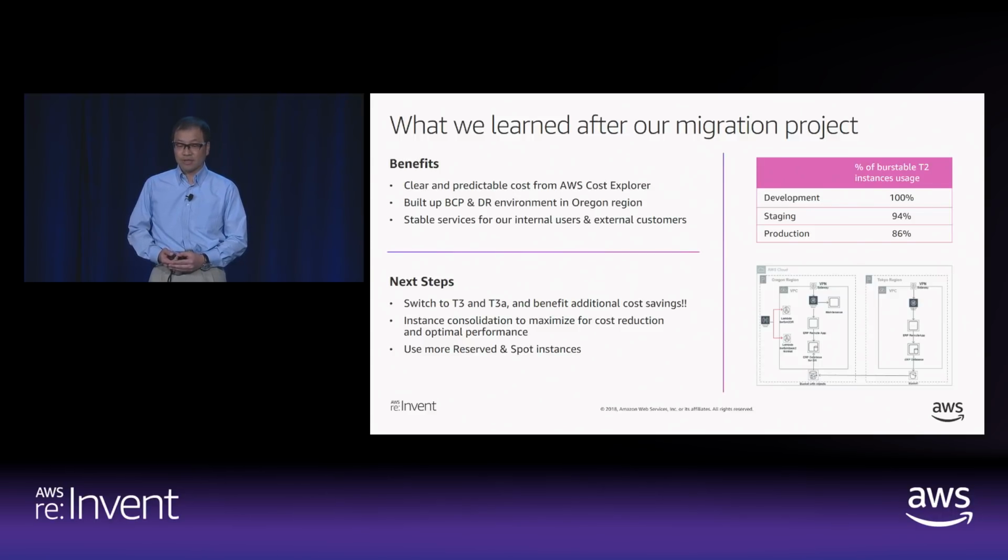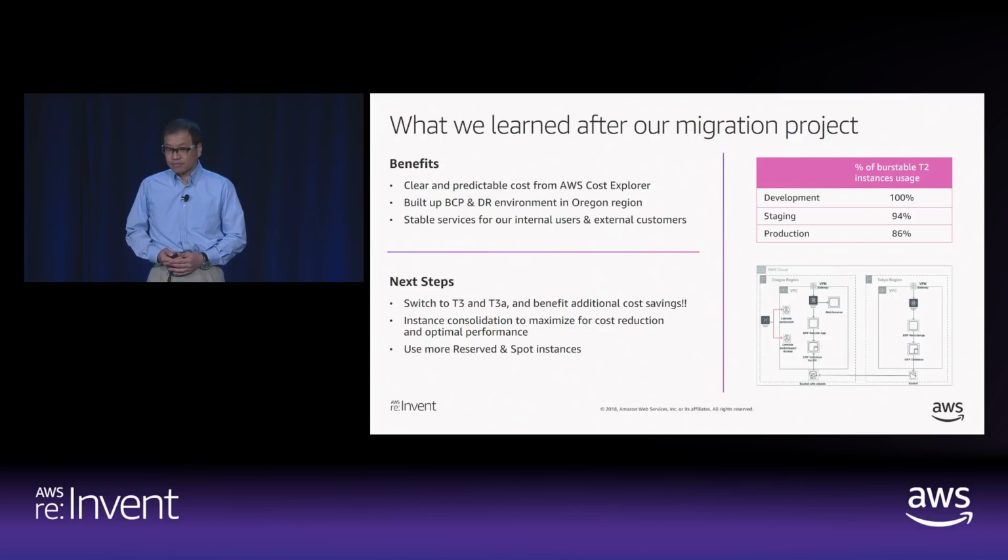For BCP and DR planning, not all of our systems, but a limited number of important systems have already built the BCP DR environment using the AWS Oregon region. And now we can provide very stable services. We think that our internal users and outside customers also think it works fine.